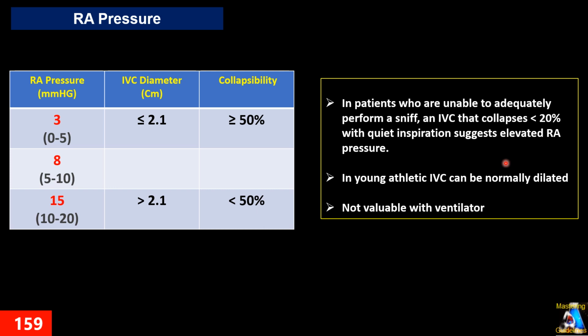All echo studies, CT scan, MRI, everything was normal. So we have to be cautious about using this parameter. And the last one is that collapsibility will not be accurate and sensitive in patients who are connected to a ventilator.